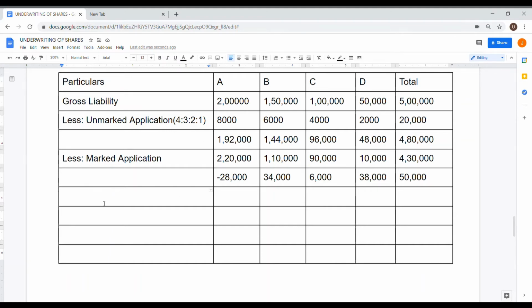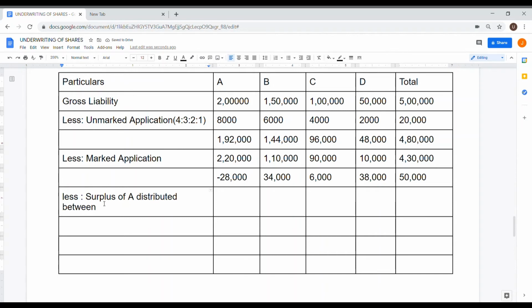So we have to distribute this surplus of 28,000 to other underwriters, that is B, C, and D. So we have to less surplus of A distributed between B, C, and D. So how are you gonna distribute this?